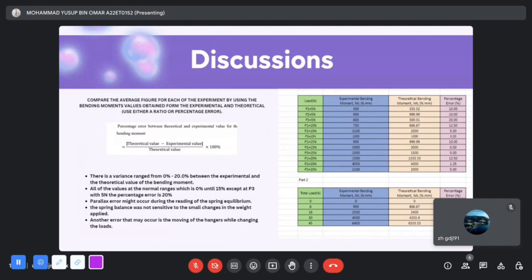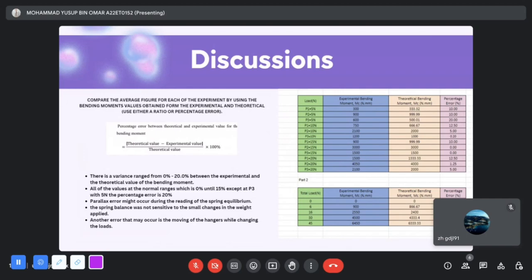During the experiment, we might have had some errors, such as parallax error when we take the reading on the spring balance. Other than that, the spring balance was not sensitive to small changes in the weight when we put the load on the hanger.